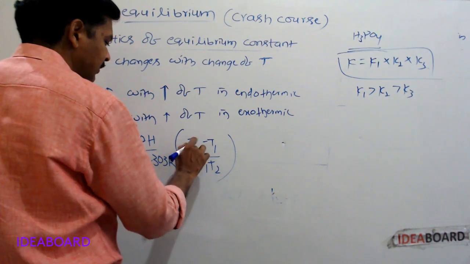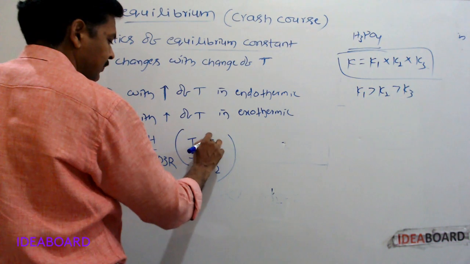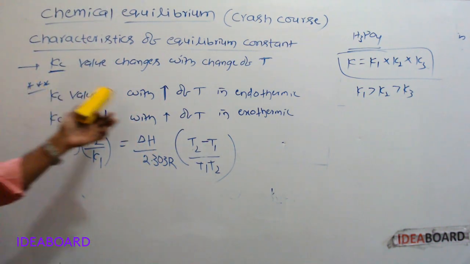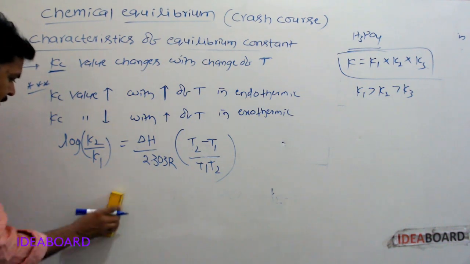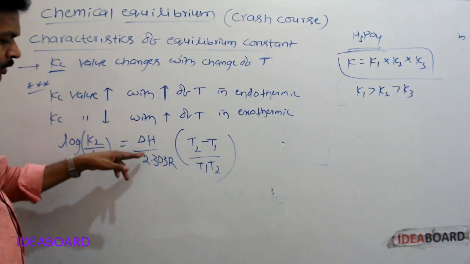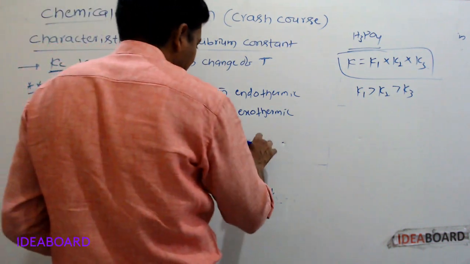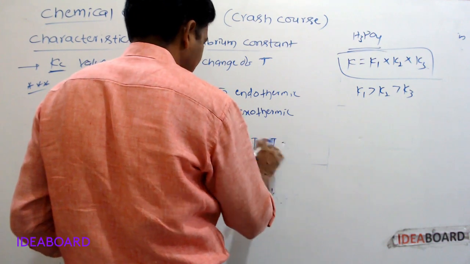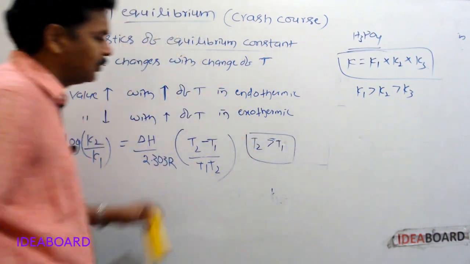By using this equation, we can explain how the equilibrium constant changes with changing temperature. Here T2 is greater than T1.